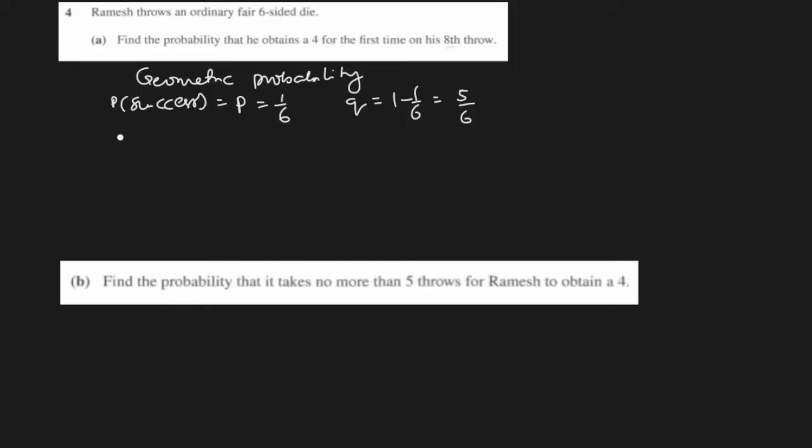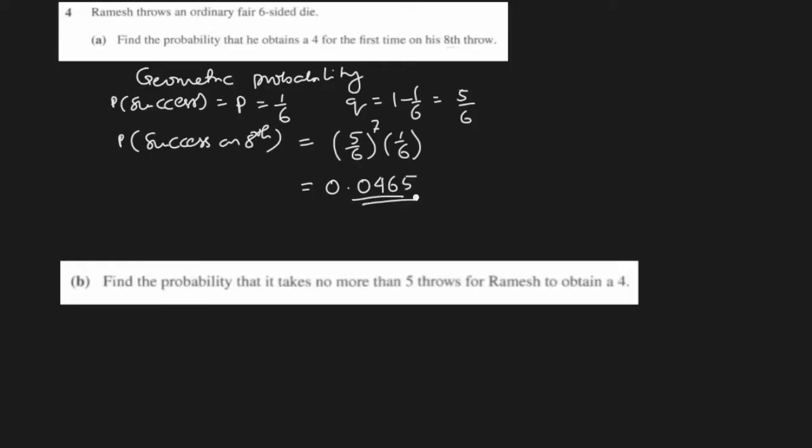So the probability of success on the 8th attempt will be that the person fails 7 times, that is 5 over 6 to the power 7, and gets a success the 8th time. If we use the calculator, we get 0.04651. No need to write 3 significant figures. This is the answer.